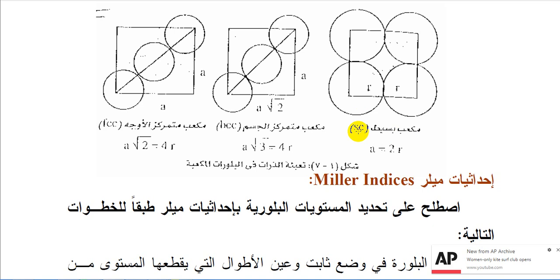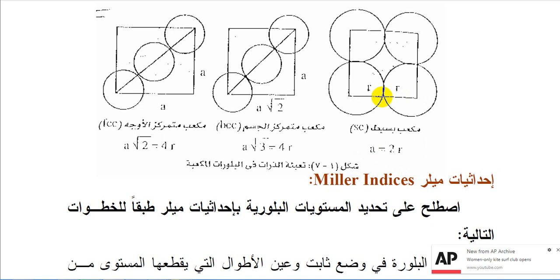Here, as you can see in front of you, a simple cubic. The a, the cube edge length, extends from the center of the given sphere to the center of the adjacent sphere. a equals 2R.